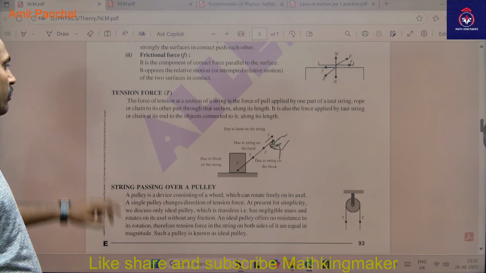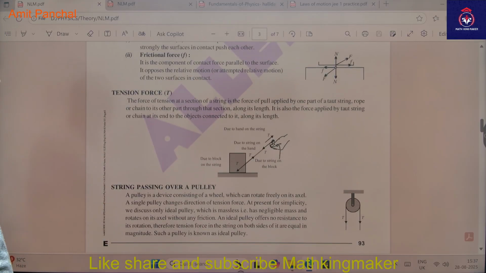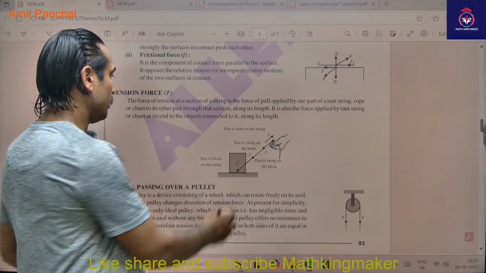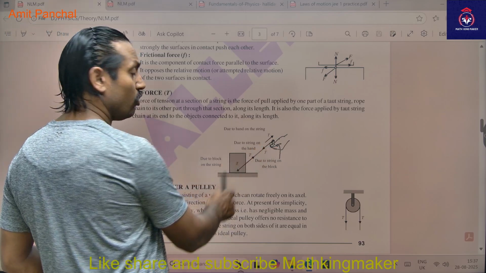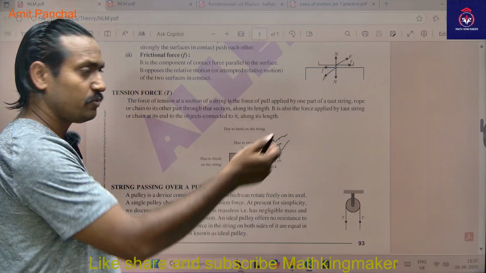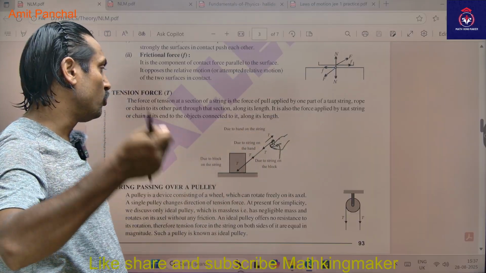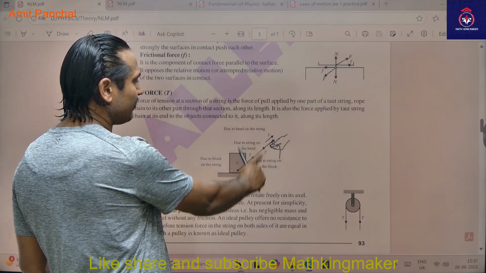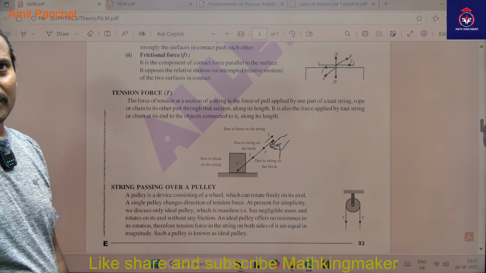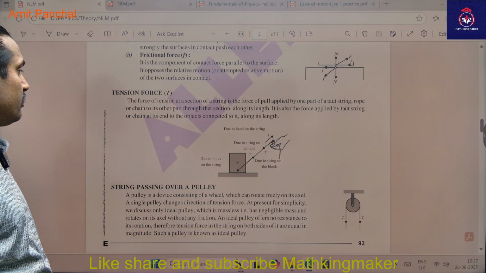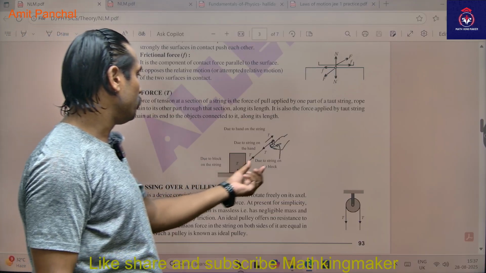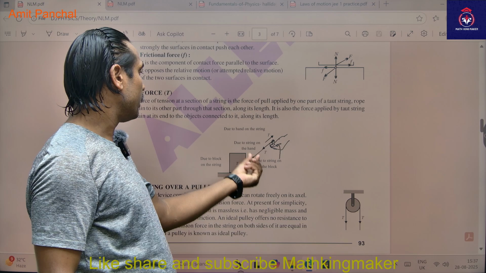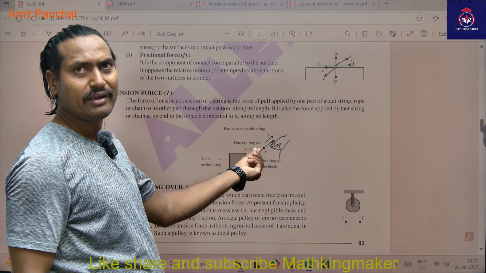Now we'll talk about tension. This string is attached here to the block and you are pulling it, so there will be tension on the string. There are two kinds of tension: the string is facing tension from the block and from the hand.